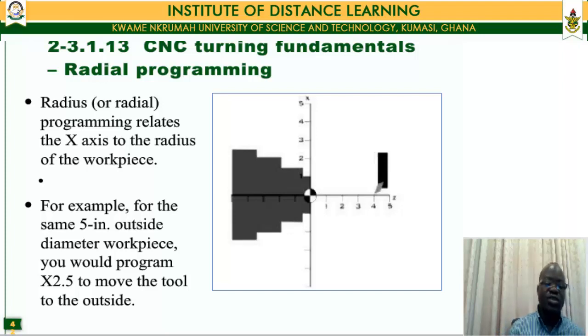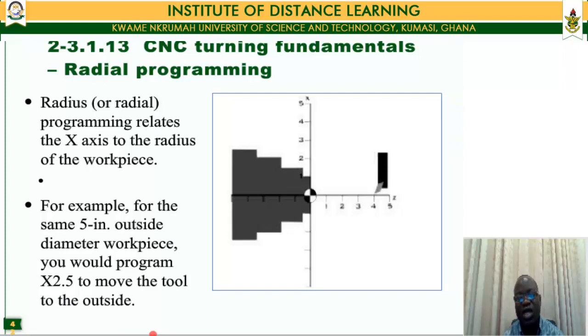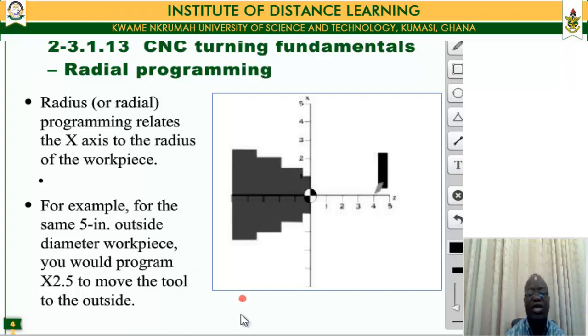Now, if it comes to radius or radial programming, if you are using that syntax or that format, the radius or radial relates the x-axis to the radius of the workpiece. So, for example, if you want a 5 inches outside diameter workpiece, then you program the x to be 2.5 to move to the outside. So that 2.5 on both sides, you are going to get your 5.0 as your radial programming.